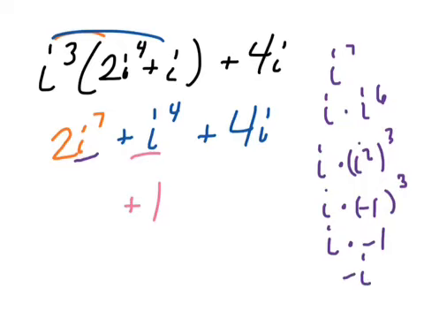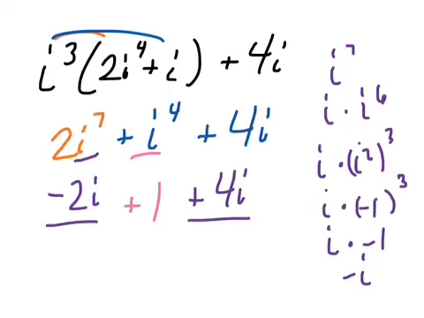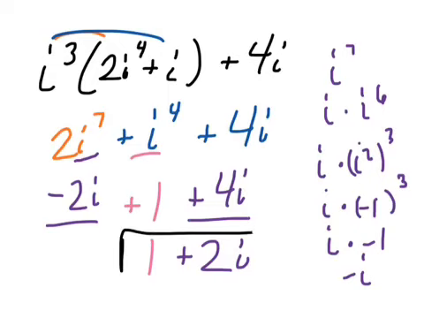So this is 2 times negative i, which is just negative 2i, plus our 4i. Now we have like terms here. Negative 2 and a 4 is a positive 2i. We still have the 1. And now this is in the form a plus bi.